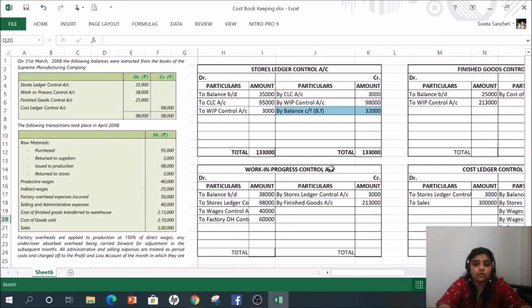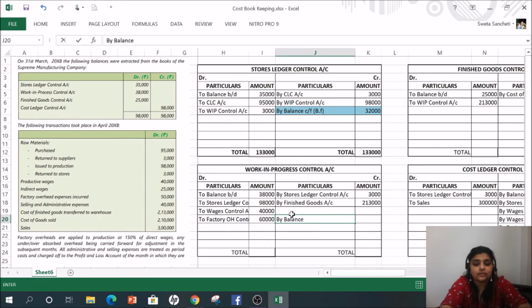So we are going to talk about work in progress account. I have an opening balance, direct material, direct labor, no direct expenses, add factory overheads, add opening, less closing, I would have got my factory cost. Now factory cost is also there. What is not there? The closing balance.